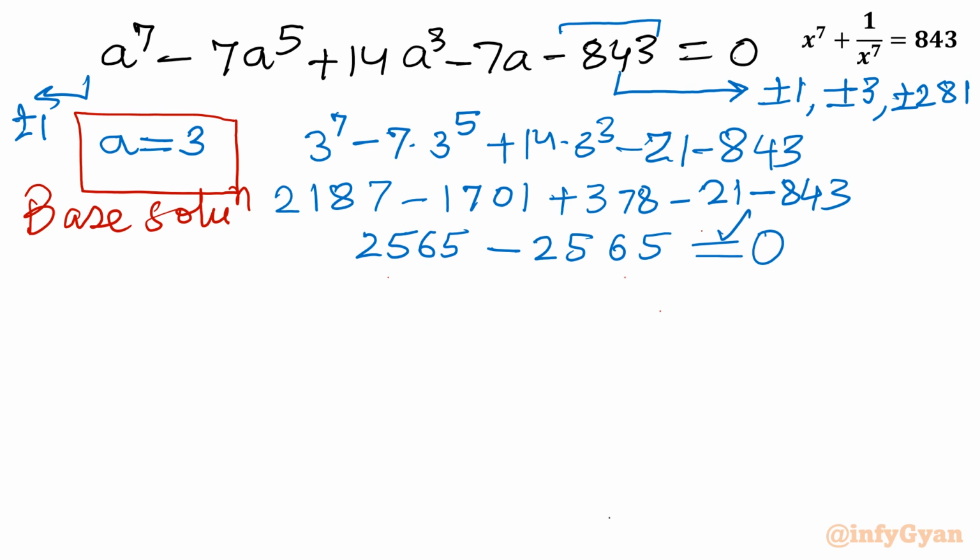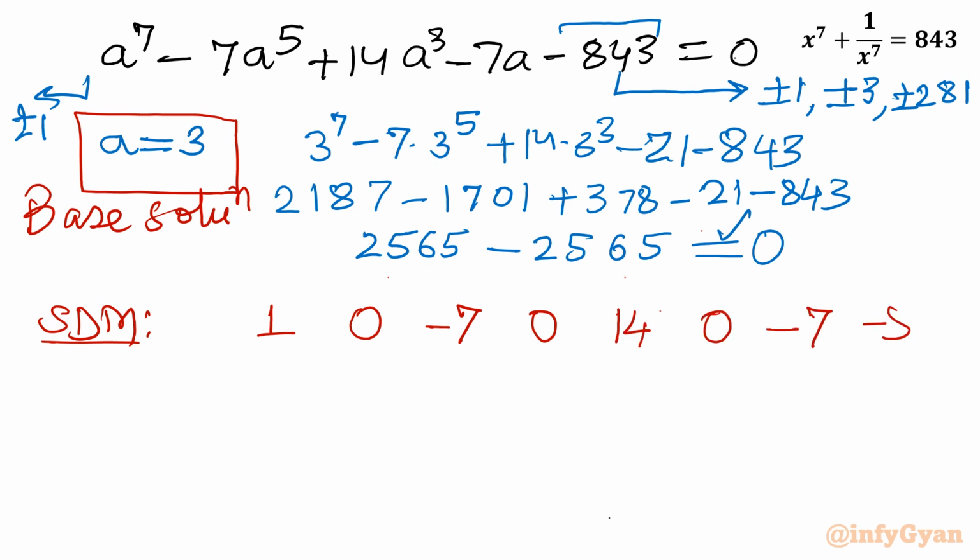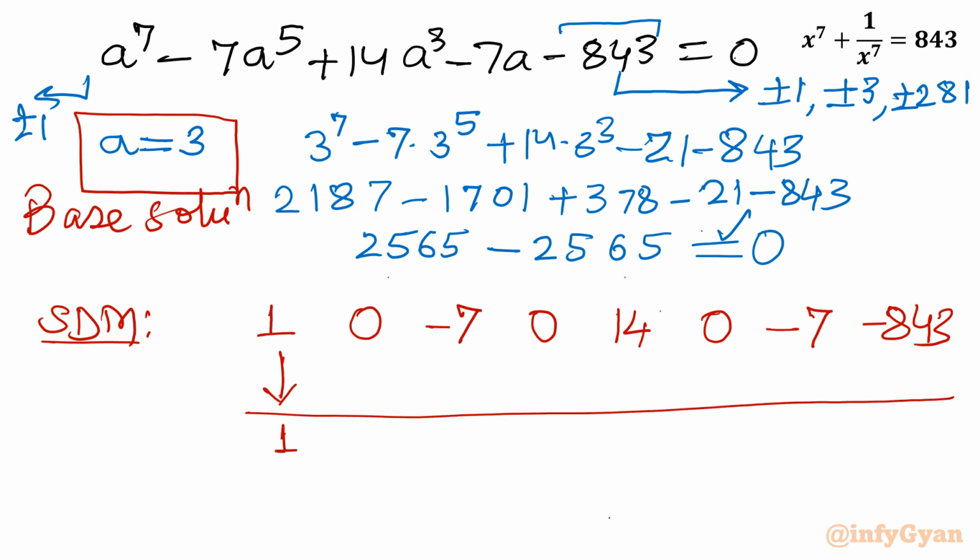Now let's write all the coefficients of this septic equation, degree 7 equation. So let me write synthetic division: 1, 0, minus 7, 0, 14, 0, minus 7, minus 843. Leading coefficient 1 as it is.